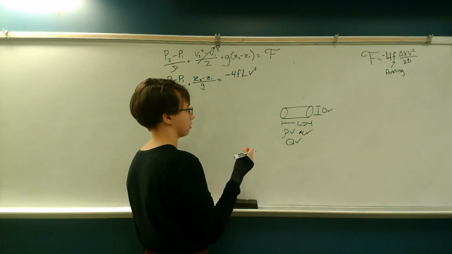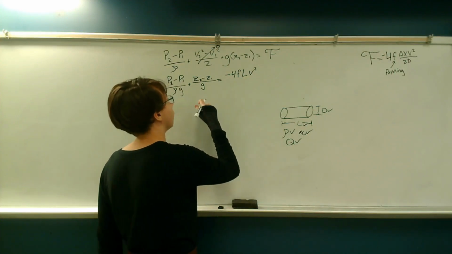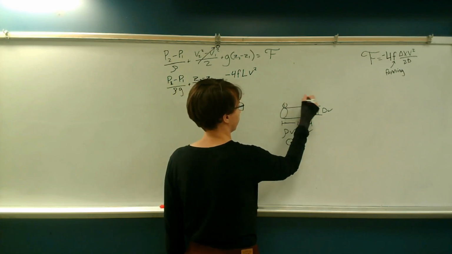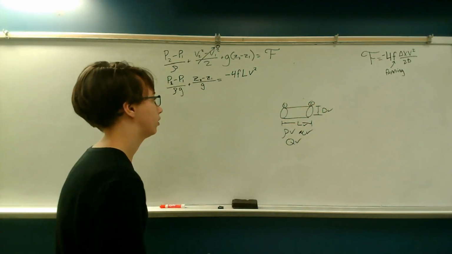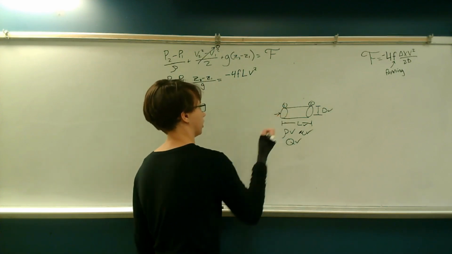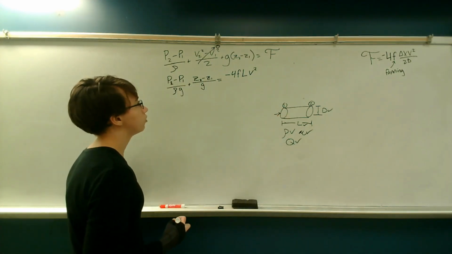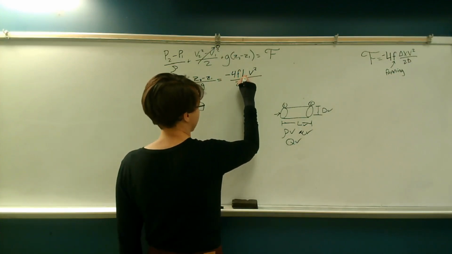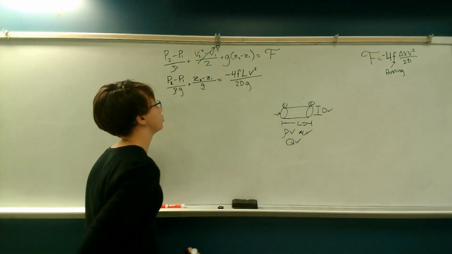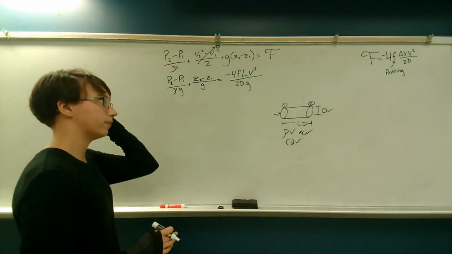The velocity is a constant, so we don't need to determine 1 versus 2. And just for reference, 1 is this end of the pipe, 2 is the other end of the pipe, and we're assuming that flow is going in that direction. So then that is over 2 times the diameter times the acceleration due to gravity, because we divided everything by g.